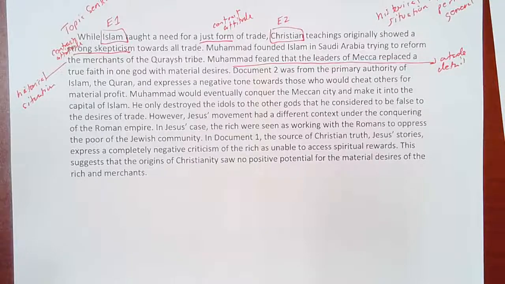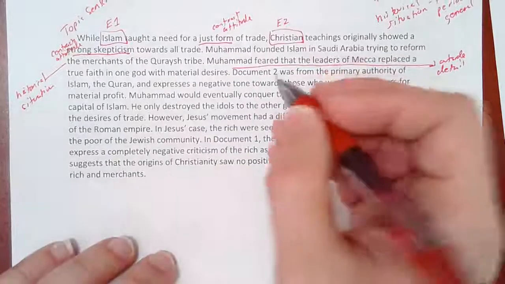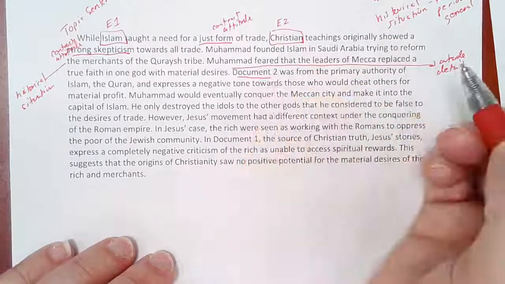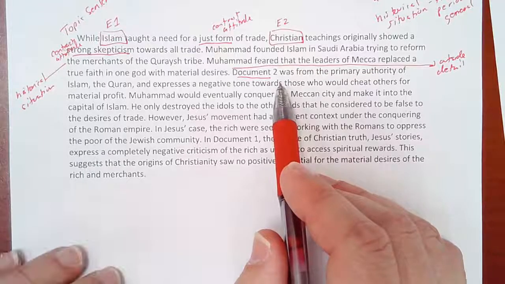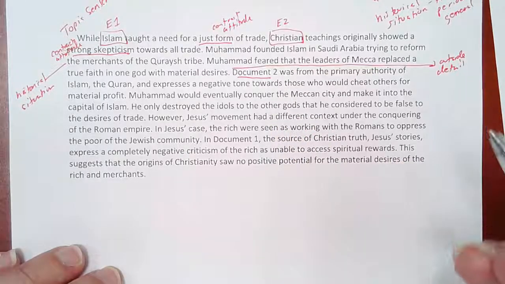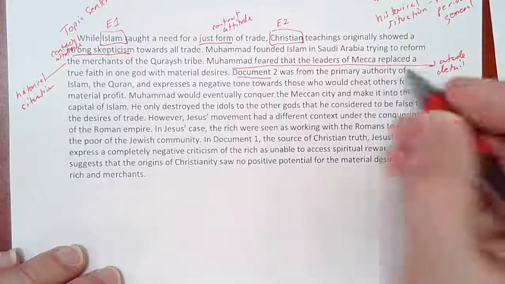Now we're going to jump into the document itself. Document 2 was from the primary authority of Islam, the Quran, and expresses a negative tone towards those who cheat others for material profit. Notice we're not just summarizing the document. I've cited the document, which is really important. On top of that, I gave the attribution, or the source of the document, which in this case is the primary authority of Islam, the Quran.